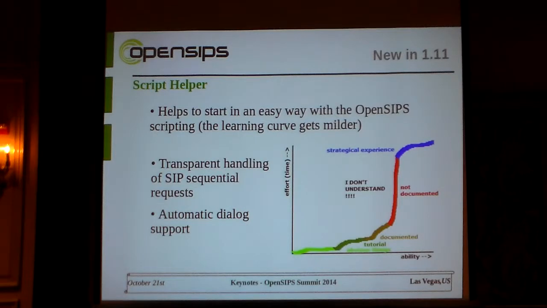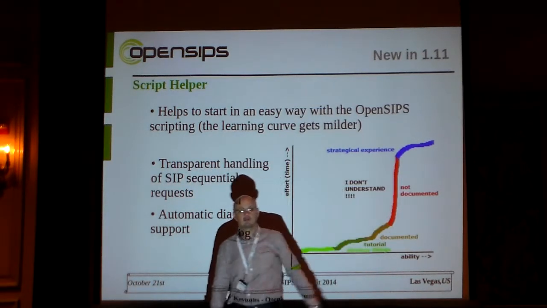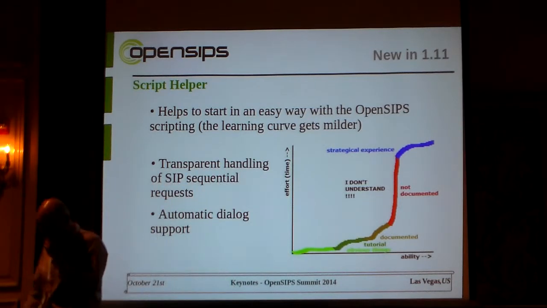Something very important, we have this new module which is called Script Helper. This Script Helper module wants to address the steep part of the learning curve. Because, as I said in the beginning, you have to understand and assimilate a lot of knowledge about OpenSIPS.